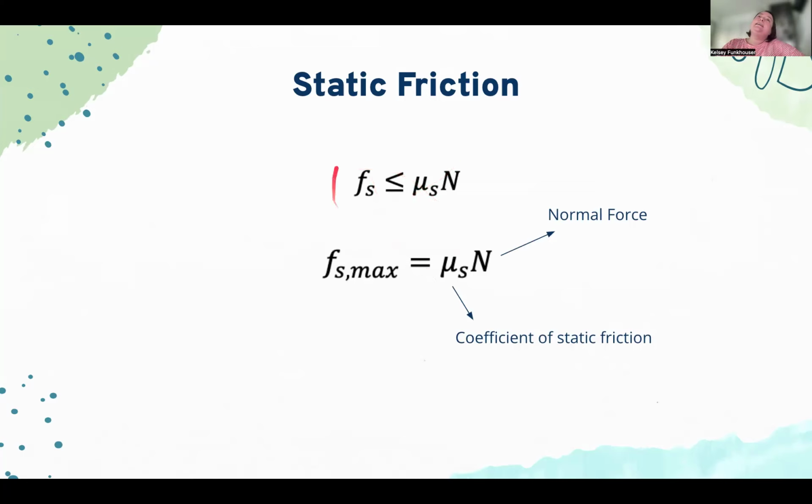This is the general equation for static friction, because it doesn't need to be at its maximum size. It only needs to be as big as necessary to prevent the acceleration from happening. But the maximum is the coefficient of static friction times the normal force. Again, the important point with static friction is that it's only as big as it needs to be to prevent motion.